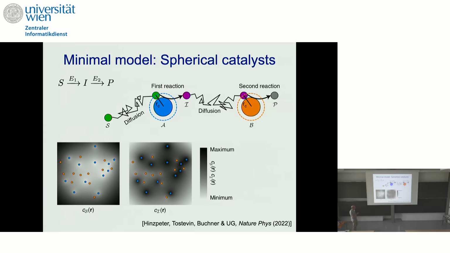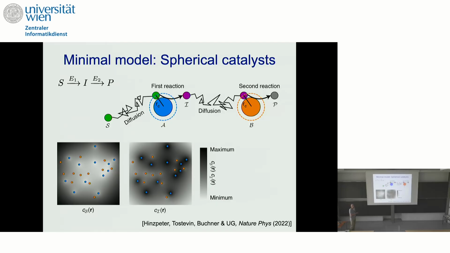So you can see here, for example, a visualization of a particular arrangement of these blue and orange enzymes, and what is plotted in the gray color code here is the concentration of the substrate. So you basically see that the substrate is depleted by the blue enzyme. The orange enzyme just acts as a reflecting boundary condition for that.